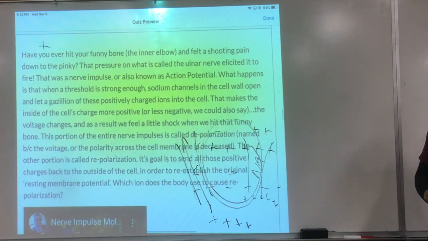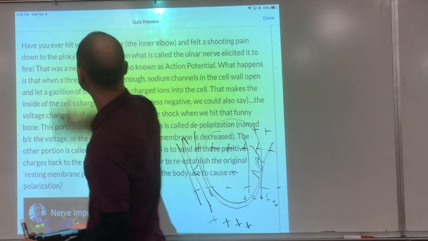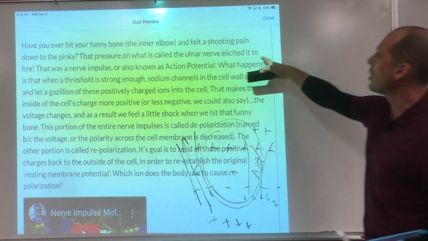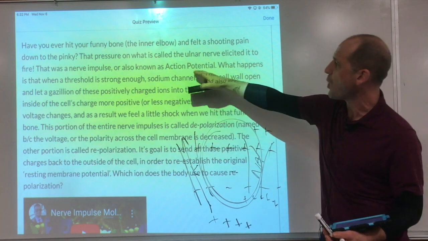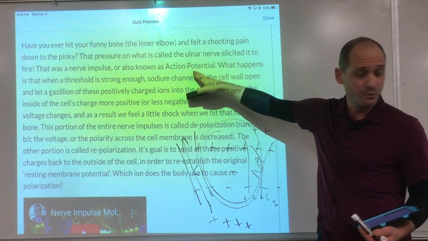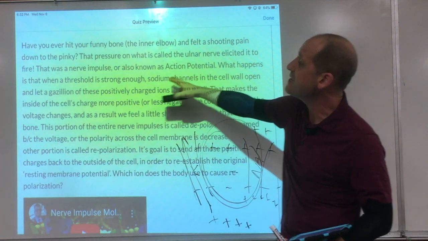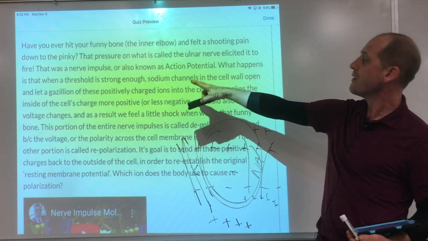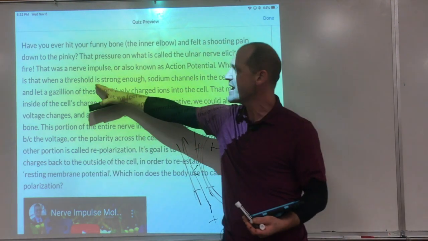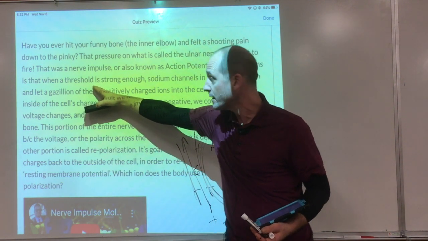So let's see what else is here in the text. If you hit the funny bone, the pinky, the pressure is what we call an ulnar nerve elicited to fire. That is what a nerve impulse is. Or also, a nerve impulse is an action potential, technically speaking. What happens is that when the threshold is strong enough, when you hit the funny bone hard enough and it wants to fire, that's the threshold.